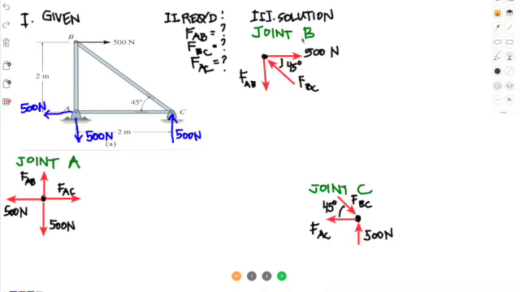So for the first joint, we have joint B, right here. We draw a separate free body diagram for it. So this is joint B, and what do we have? We have an external force of 500 newtons.